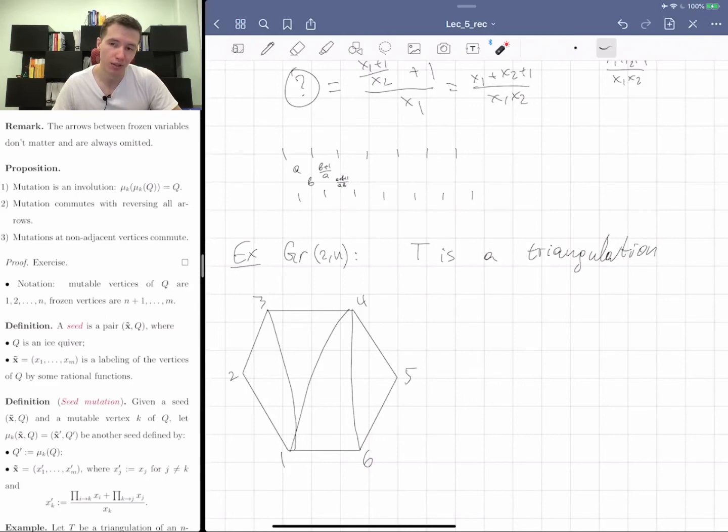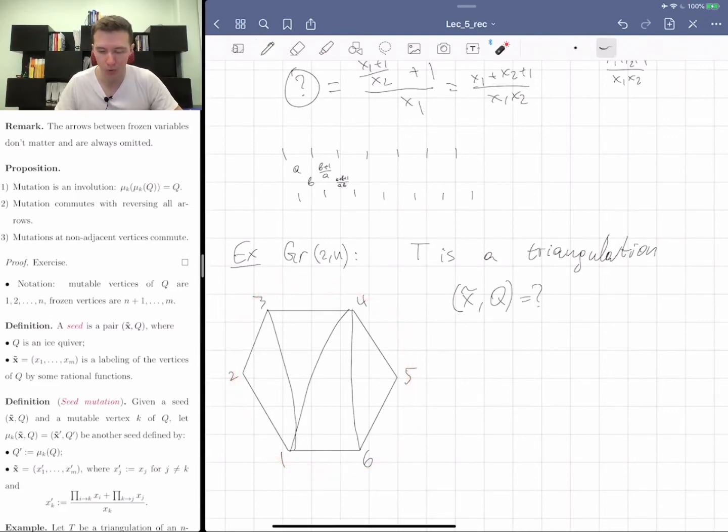If you're watching this at home, what I encourage you to do is to pause and try to guess what the quiver is, what its frozen vertices and mutable vertices are, and what its edges are. The question is, what is the seed that corresponds to this triangulation?